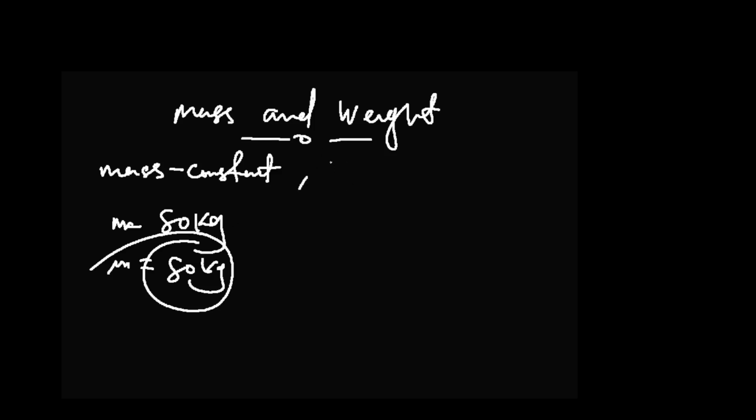Now, what about weight? Weight varies. Why does it vary? Because weight is defined as the gravitational earth pull on a body. So it varies because it depends on gravity. Remember, mass is constant, but gravity varies.